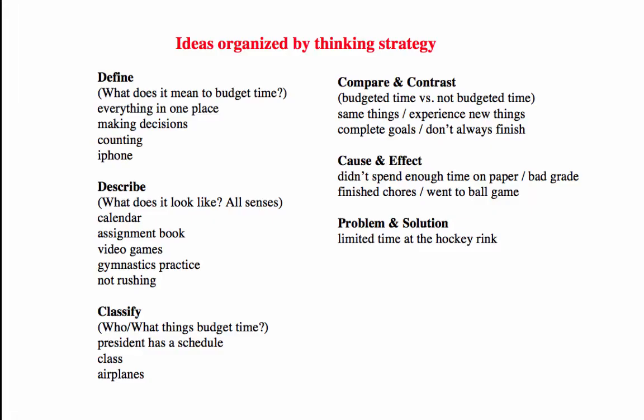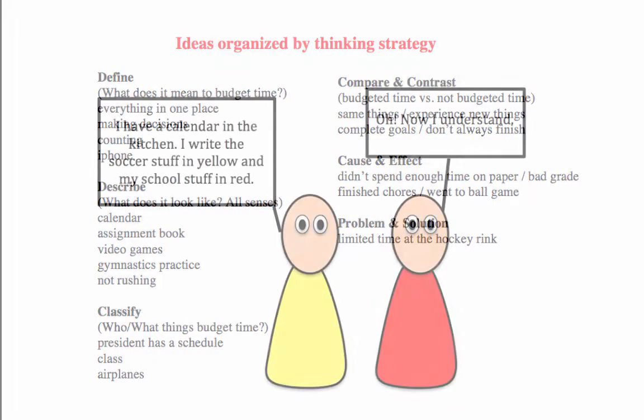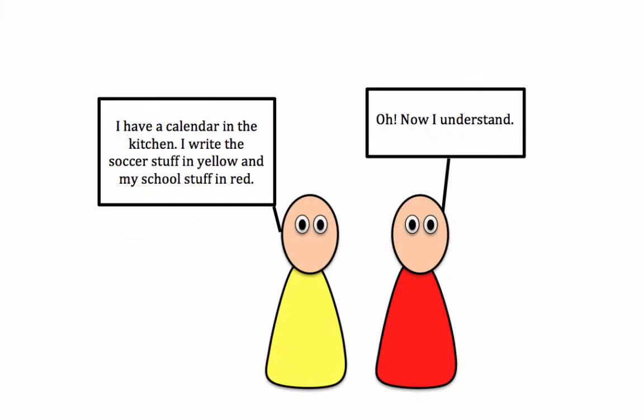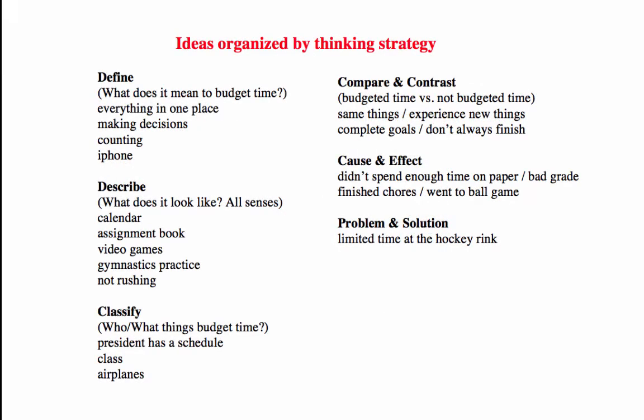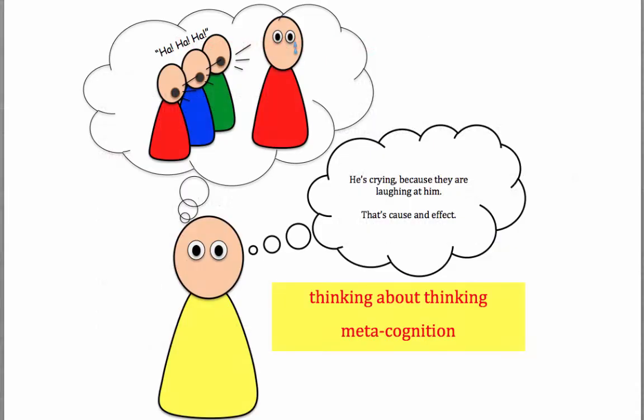Much like math problem-solving strategies, they overlap and are used simultaneously. During discussions, students should strive to articulate their idea with different words and give specific examples. Older writers should try to identify the thinking strategy used in their idea. Think about the thinking. Psychologists call this metacognition.